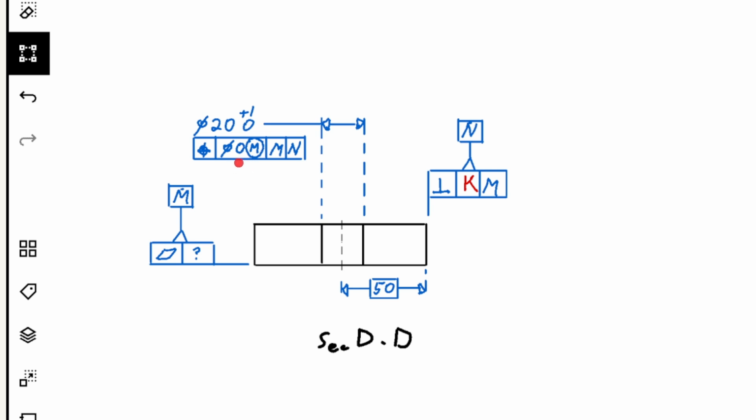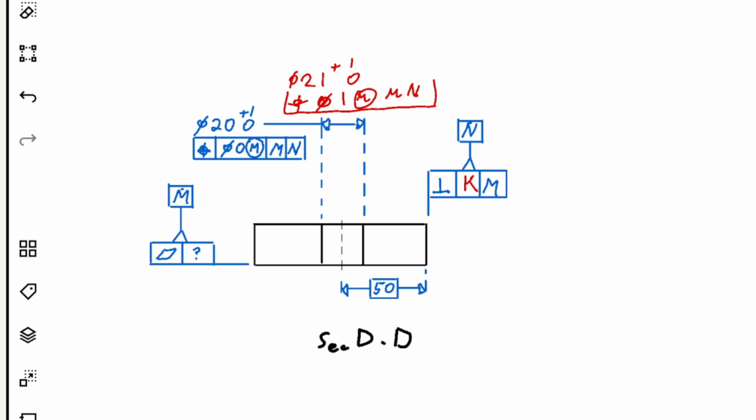But if we had something like 21 millimeters plus 1, minus 0, a positional tolerance of 1 at MMC to MN. The other option would have been to shrink this positional tolerance.